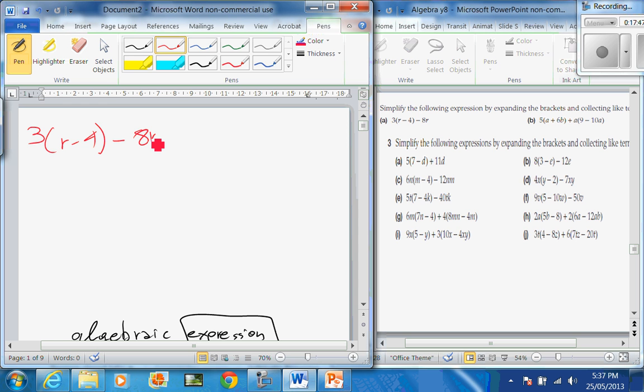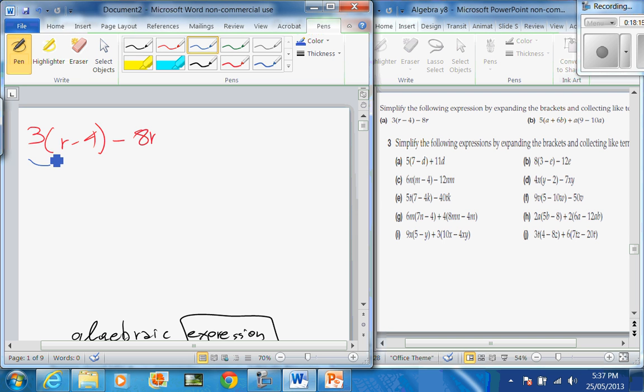Now we have to do something else. We have to expand first and then simplify, because we will have too many same things, like apples with apples and pears with pears. So let's start first expanding.